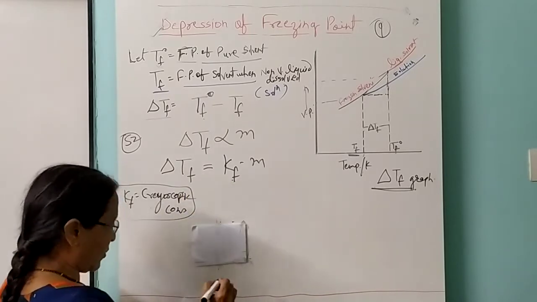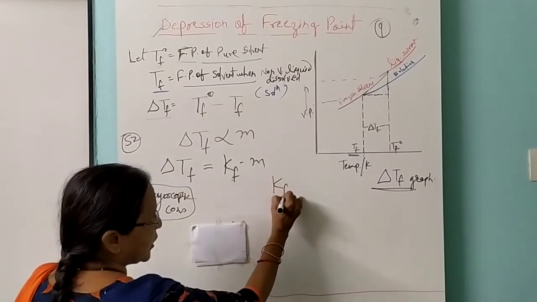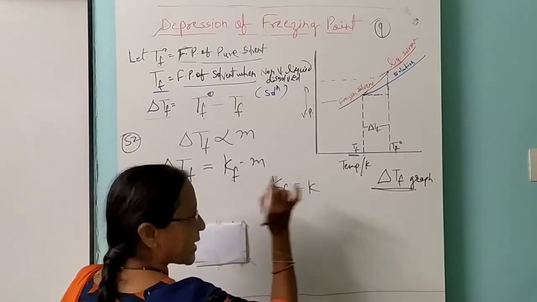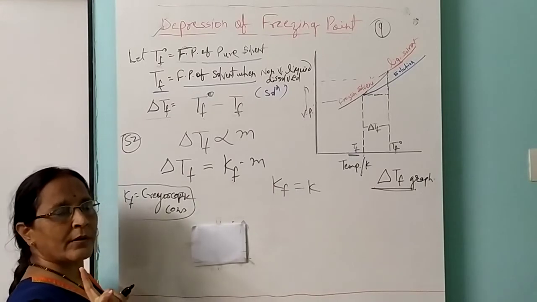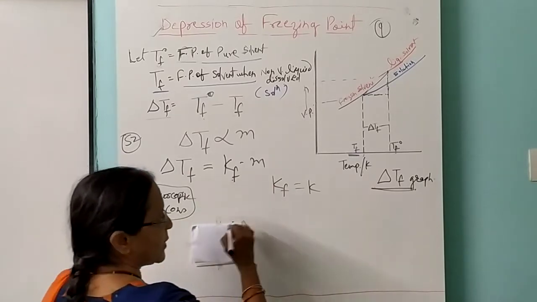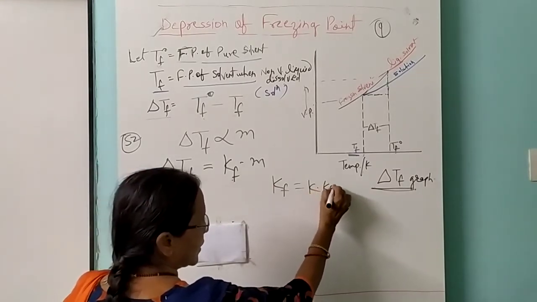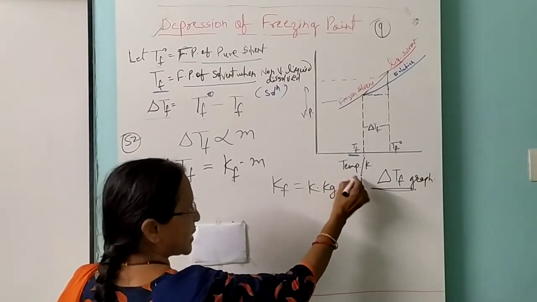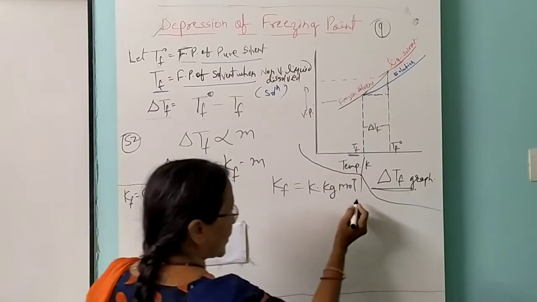Now the unit of Kf is the same as for elevation in boiling point: K kg per mole. This is the unit of Kf.